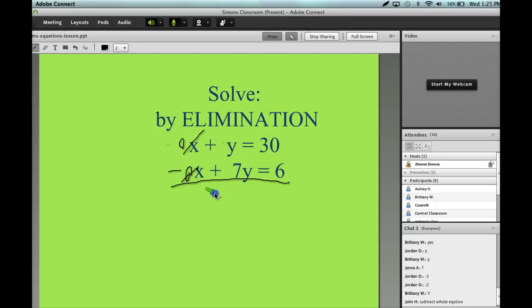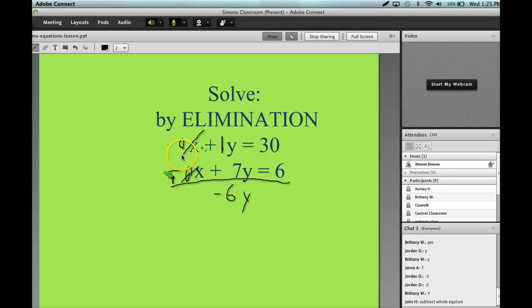Yes, John, we're going to subtract the whole equation. So 1y minus 7y is? We're getting 1. Oh, because there isn't a number in front of it, it's always a 1. What would that be, 8? We're subtracting. This is why it's kind of tricky to do the subtraction.